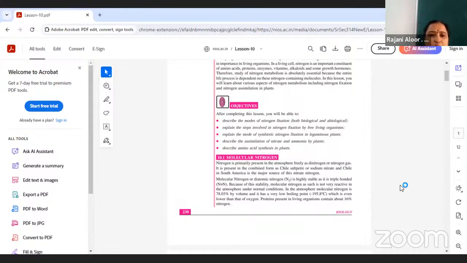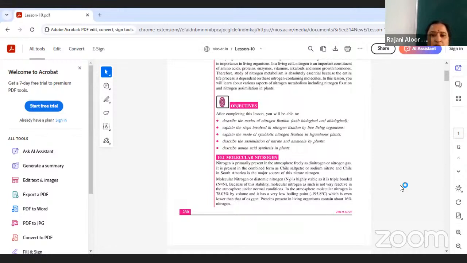Which one is stable? N2 is the stable nitrogen. N2 is a stably bonded molecule because of the N triple bond N. The triple-bonded structure is the stable nitrogen.